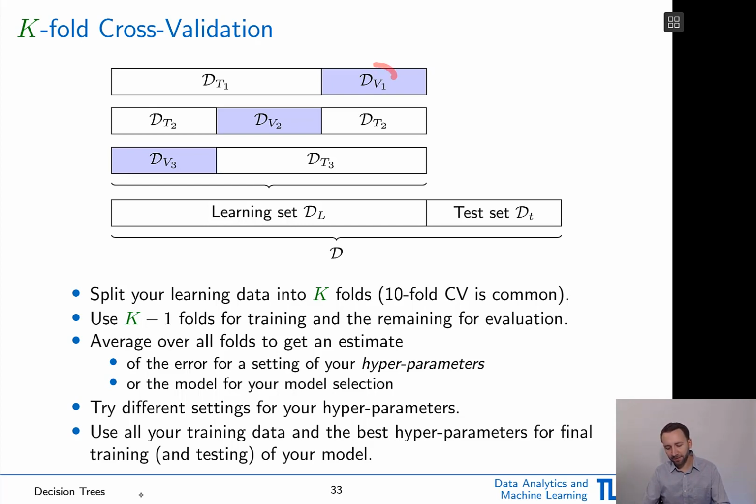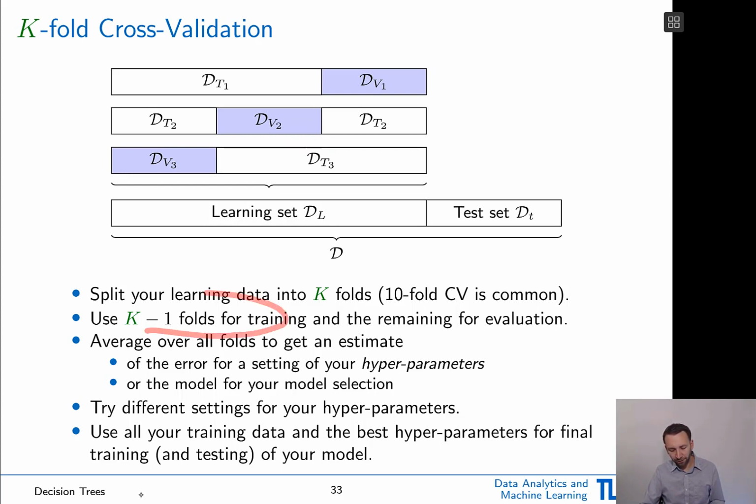Instead of just using this validation set to assess the performance on this training set, right? So we build here the decision tree of depth 1, assess the performance. Build here the decision tree of depth 2, assess the performance. We repeat this for every fold, meaning, again, here we also build the decision tree of depth 1 and assess the performance. Here we build the decision tree of depth 1 and we assess the performance. And then we average across these, okay?